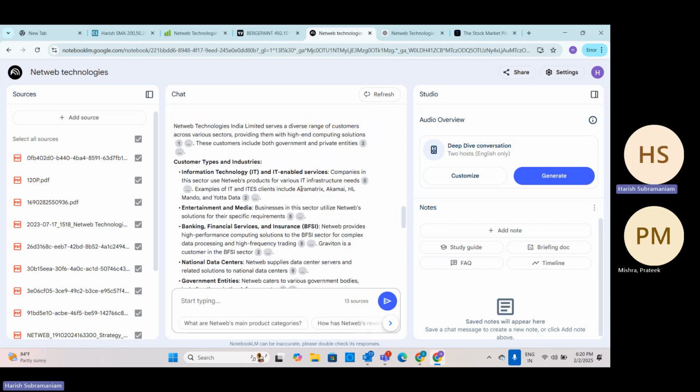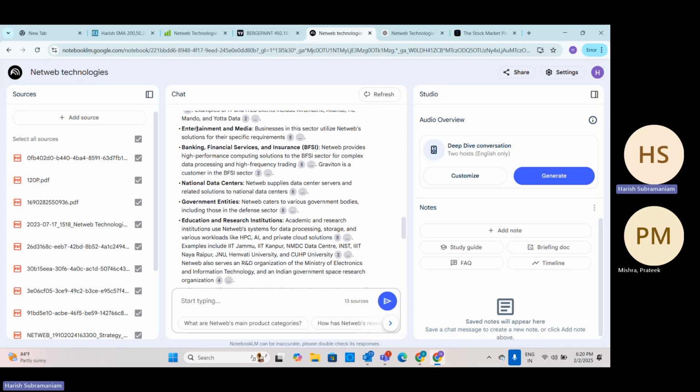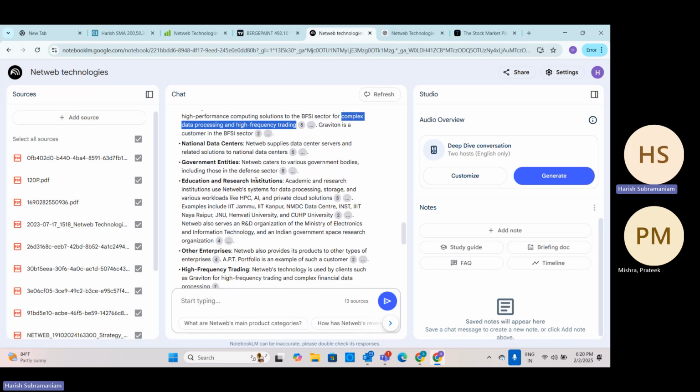NetWeb serves a diverse range of customers, so companies in the sector use this for various IT infrastructure needs. Businesses use it for their specific requirements. Then banking and financial sector uses NetWeb for high performance computing solutions for complex data processing and high frequency trading. So the supercomputers are used for high frequency trading.